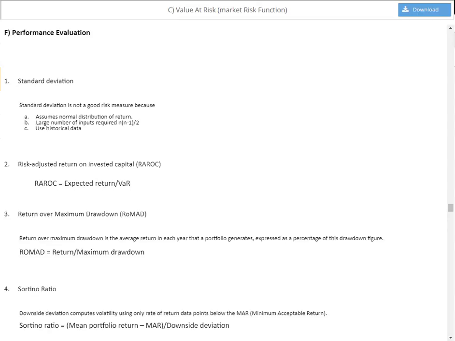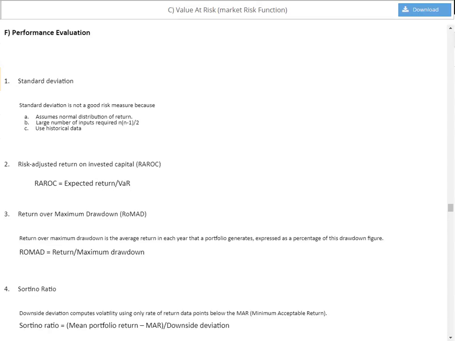So obviously if you have big portfolios, the number of inputs becomes too large and it's difficult to calculate. Use historical data. So historical data may not be good to predict the future, so there's a reason standard deviation is not good.